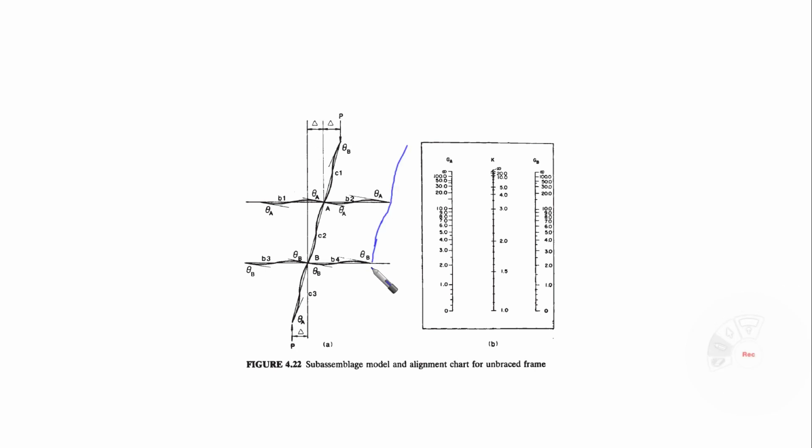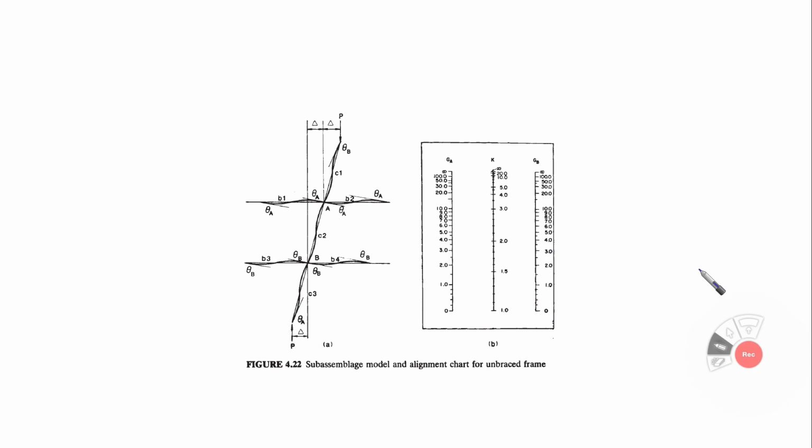If I draw something like that, okay? So the angle is like that. This angle is a clockwise angle, okay? Braced case is counterclockwise angle. That is different. And another difference is that we have the side sway.